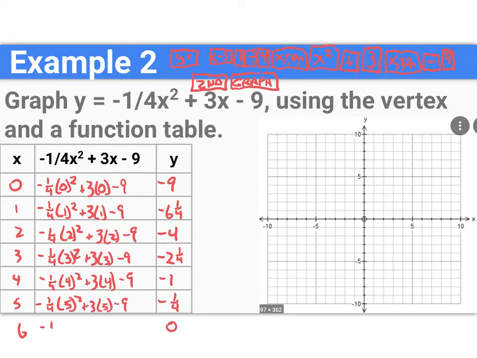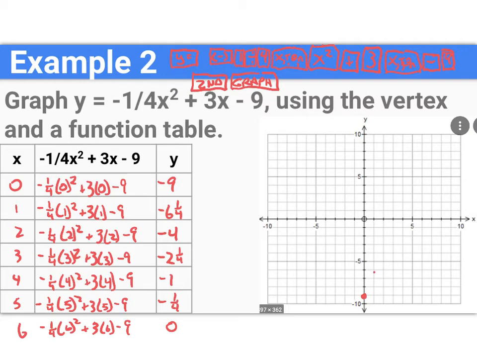And then, okay, so 0 at -9. 1 is at -6 1/4.